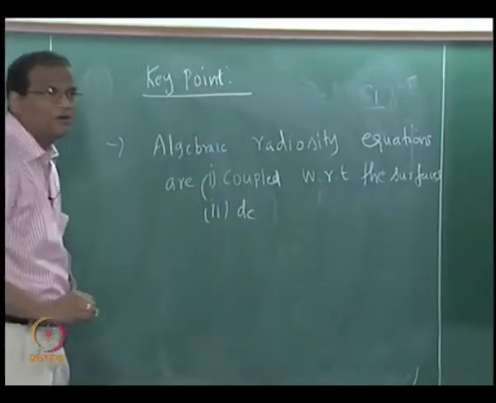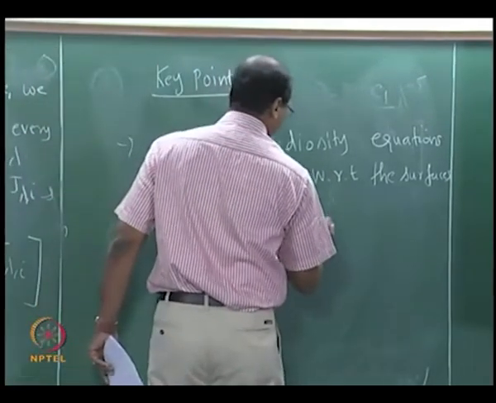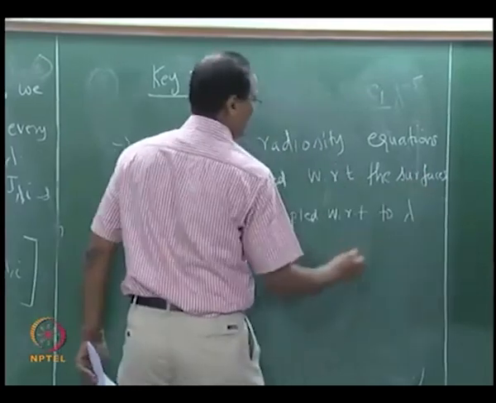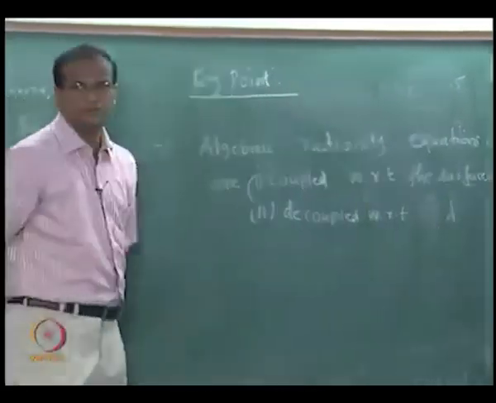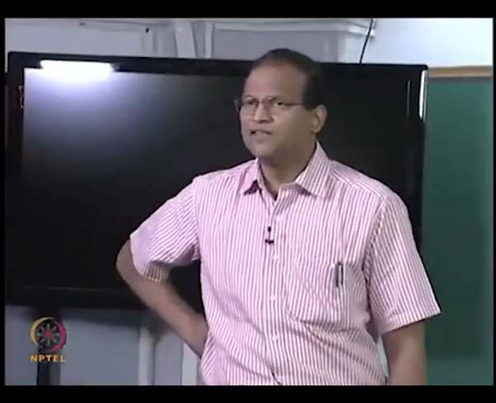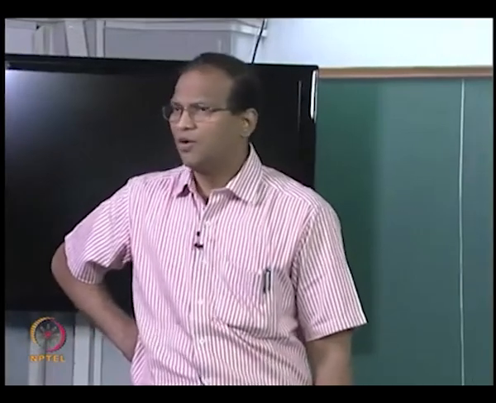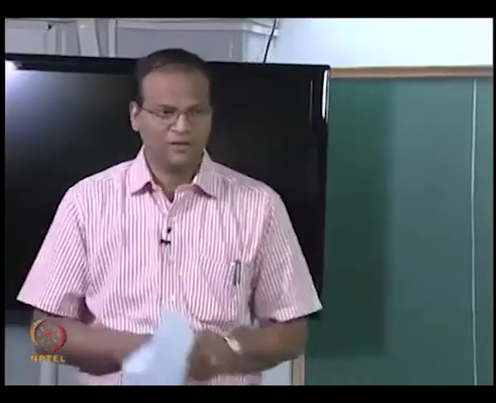Decoupled with respect to wavelength. That means in the n surface equation you will do the same procedure as what you did before, but you have the luxury of doing it wavelength interval after wavelength interval.